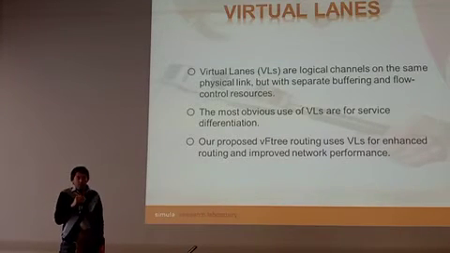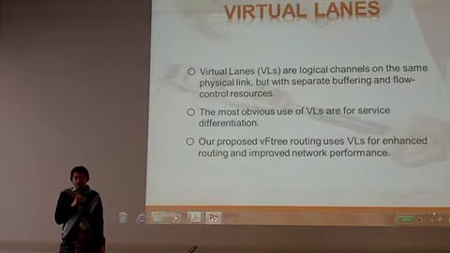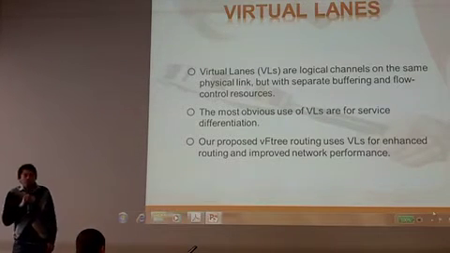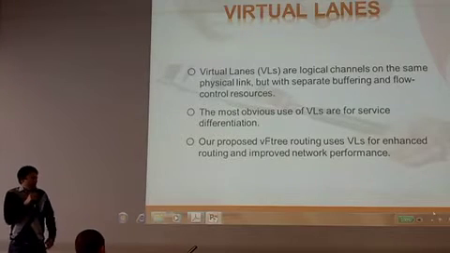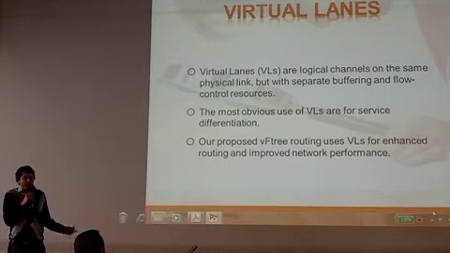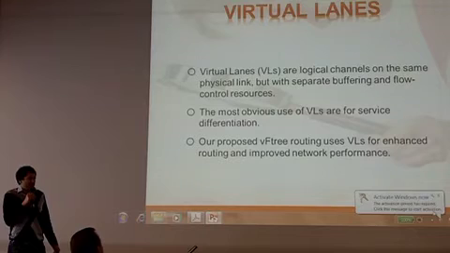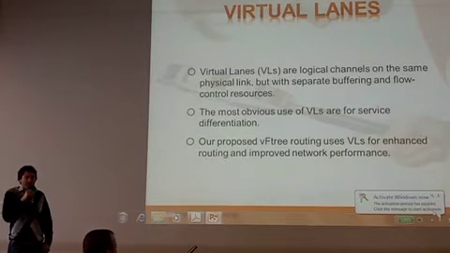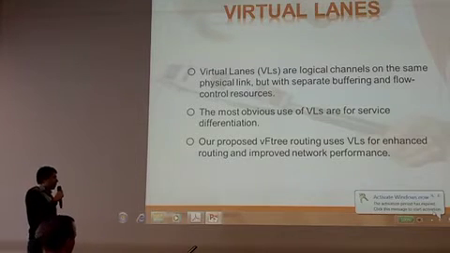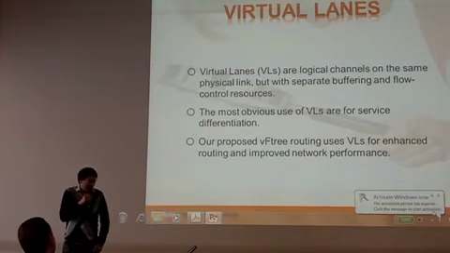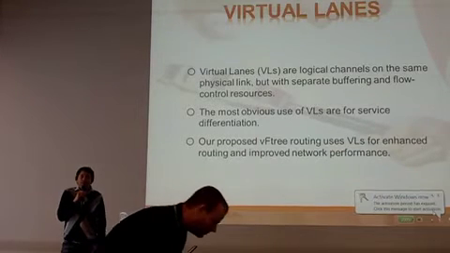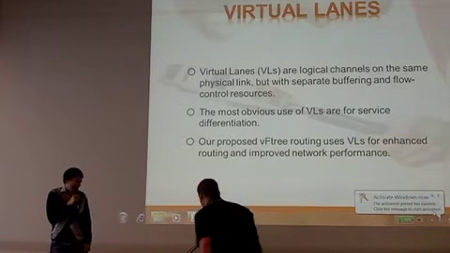And the most obvious and most common usage of virtual lanes is quality of service, which some of you might already be utilizing virtual lanes for. Basically, we can classify a set of traffic into different classes and then map these classes to different virtual lanes in order to prioritize traffic.